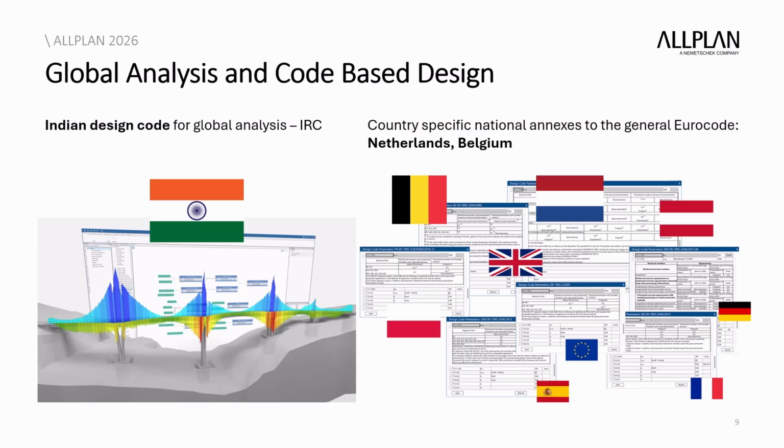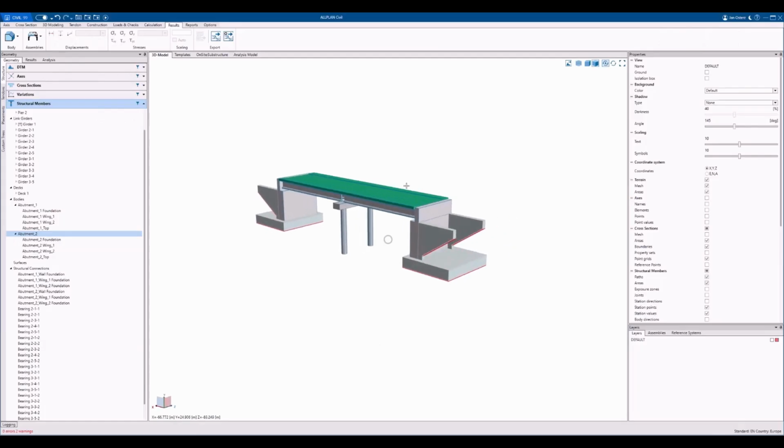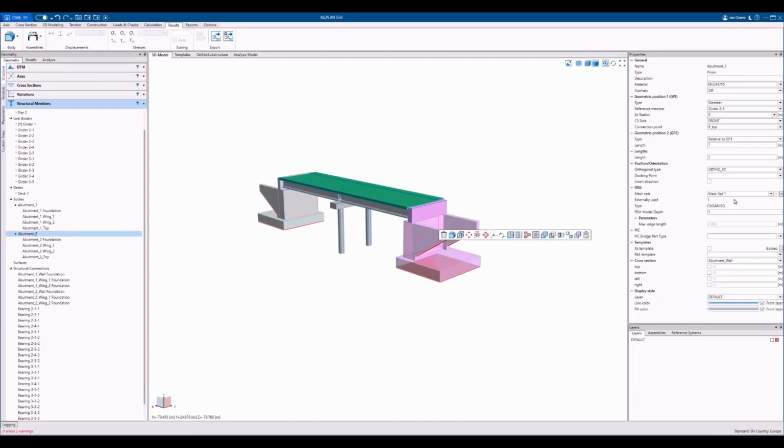And now, beyond codes and annexes, we are proud to present one of the most exciting highlights of this release, and this is for sure the finite element method for volume elements. Enter the world of this news with ALLPLAN Civil 2026, and this breakthrough analysis is now possible. In this year's release, ALLPLAN Civil structure analysis capabilities have been extended with a technical preview of a finite element method solution using volume elements.